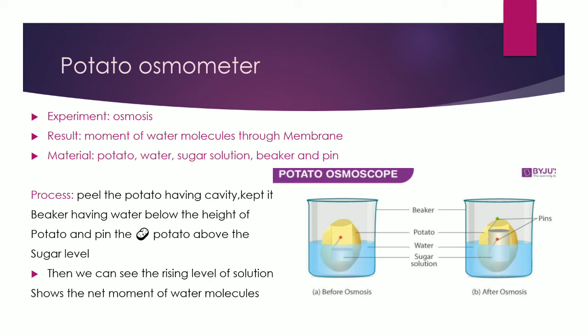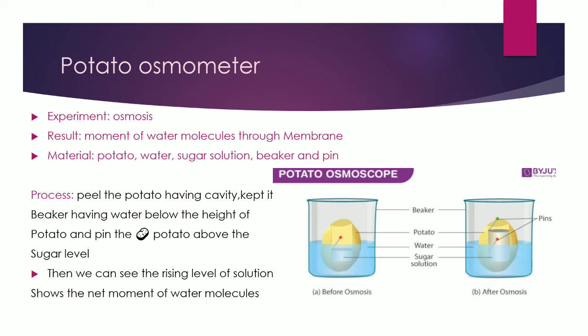Meaning there's no chance of diffusion. If you see the diagram before osmosis, the water level couldn't rise to the level of the cavity. Okay, we have to take care of it.